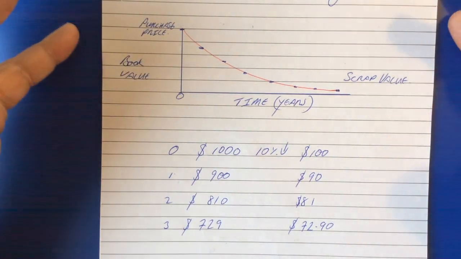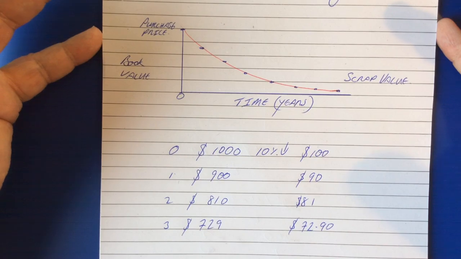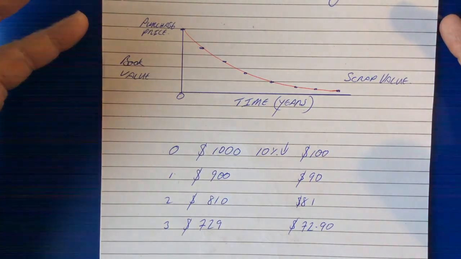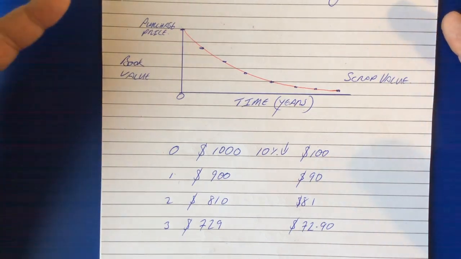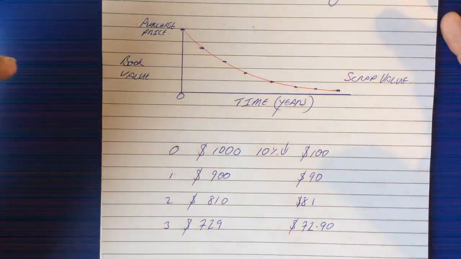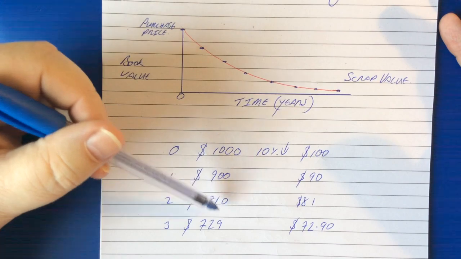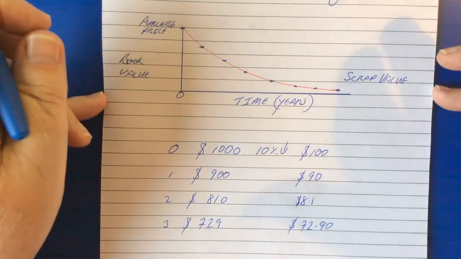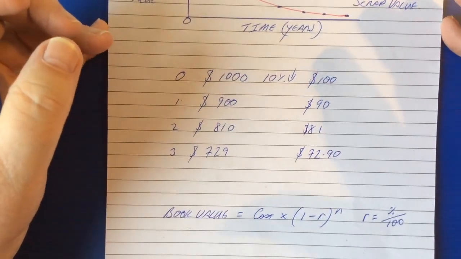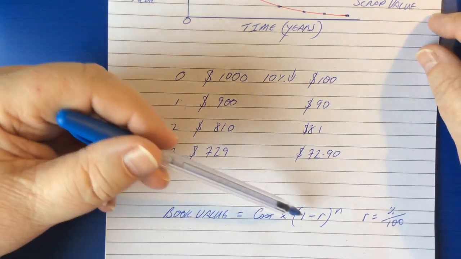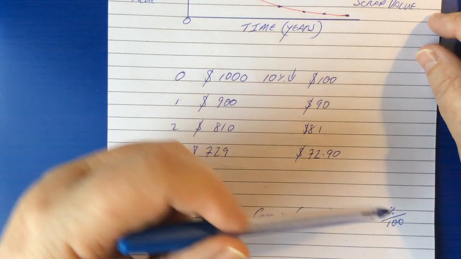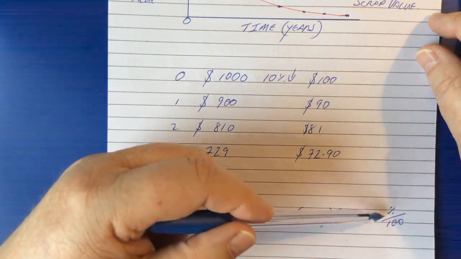Now, is there a shorter way of calculating reducing balance depreciation, or the book value of an asset using that method, other than going through this laborious process year after year? Well, yes, there is, and here it is. The book value is equal to the cost times 1 minus R, if R is the percentage divided by 100.